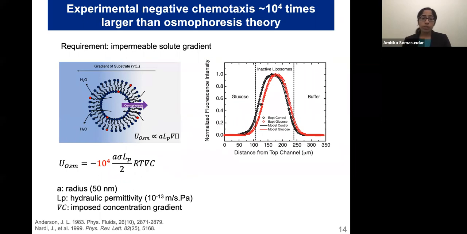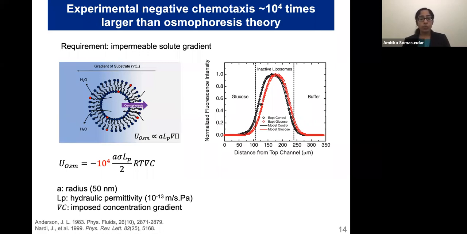The next hypothesis that we had was osmophoresis. Osmophoresis is the movement of membranous colloids when placed in impermeable gradients. Here, due to the osmotic pressure difference inside and outside of the vesicle, the liposome expels water from the side facing high solute concentration and admits it on the other side, propelling the lipid vesicle away from the high solute concentration region.